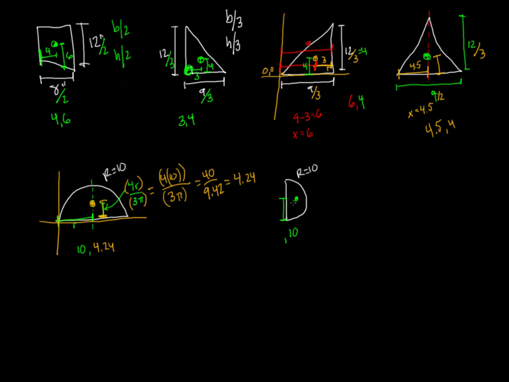And we're going to do 4r divided by 3 pi, and we get this distance. 4r divided by 3 pi gives us the distance from the centroid to the straight line of the semicircle. That's this distance. What I would ask yourself is, does that distance go from the axis, from here to here? Yeah. So 4.24 is our x. So indeed, in this orientation, all those numbers did was flip.